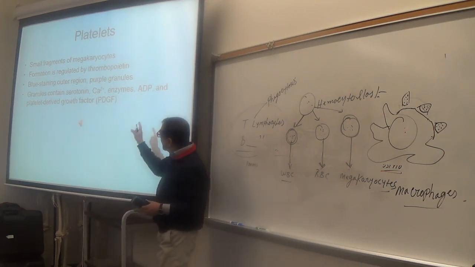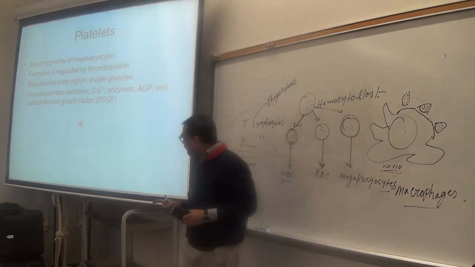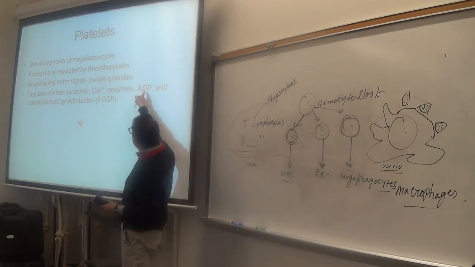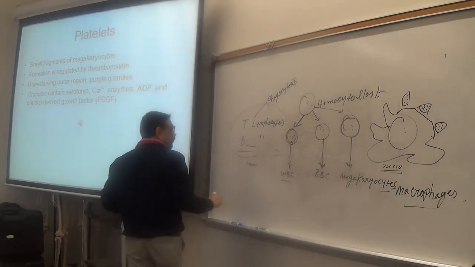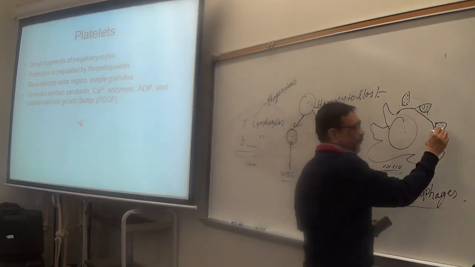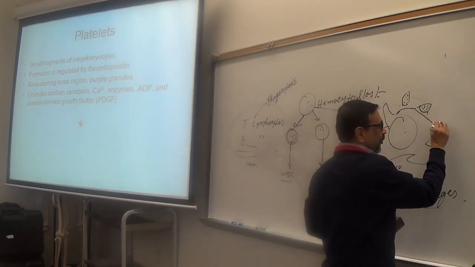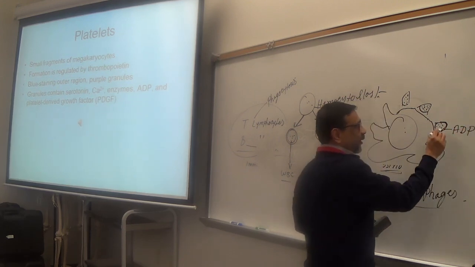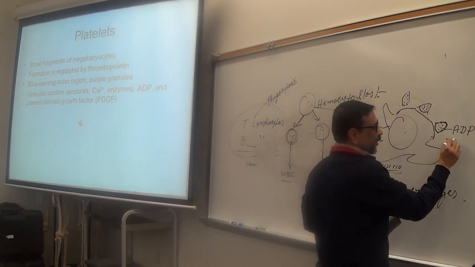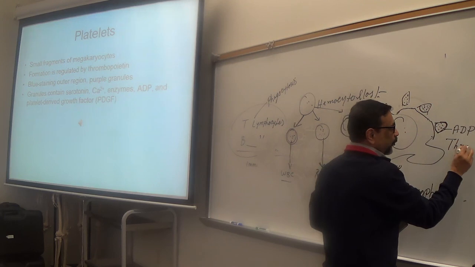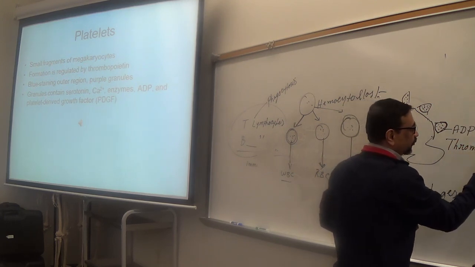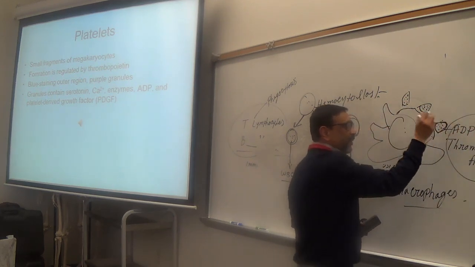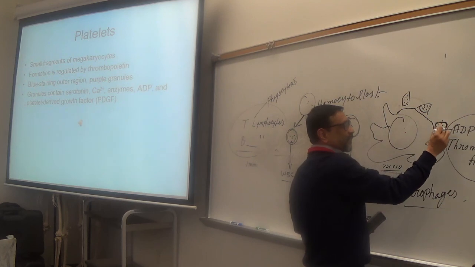Just know that among these, this one, ADP, on the surface of platelets, comes out from the granules, and another thing that is called thromboxane A2. These two chemicals are very important because these two chemicals make the surface sticky.